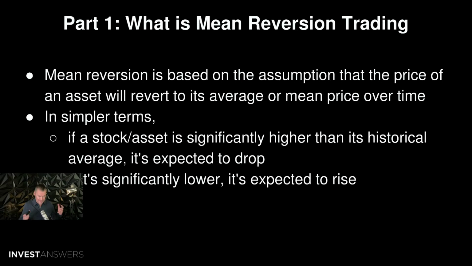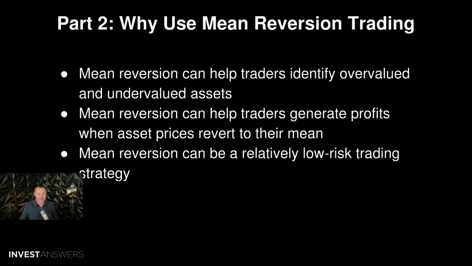And in simpler terms, if an asset, whatever it is, crypto, stock, indexes, currencies, if it is significantly higher than its historical average, it's expected to drop. That's just what happens. Unless, of course, you got a very special asset. And if it's significantly lower, it's expected to rise. It's that simple. And the best things in life are simple.